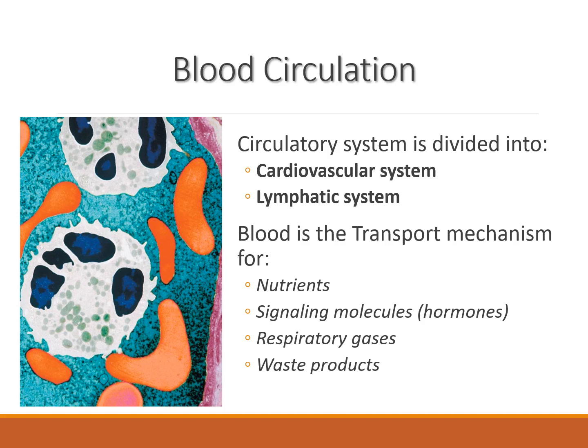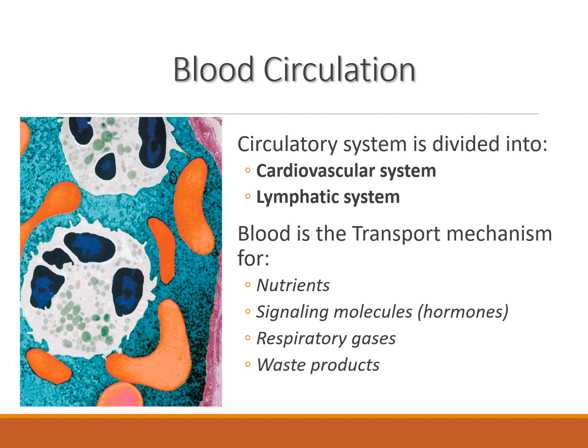So the whole cardiovascular system with the blood inside the cardiovascular system. And then we'll talk about the lymphatic system in a different lecture. The lymphatic system is part of the circulatory system, but it's not part of the cardiovascular system. So that's the separation there.